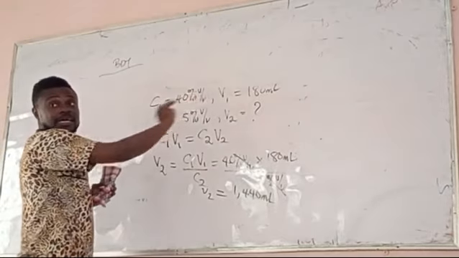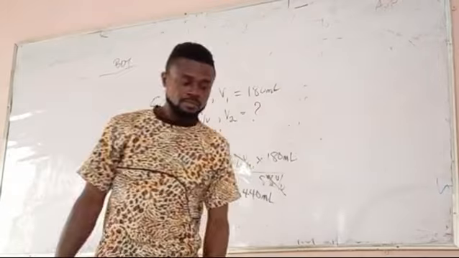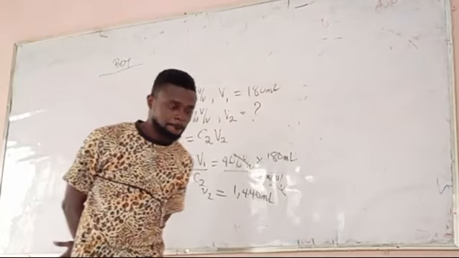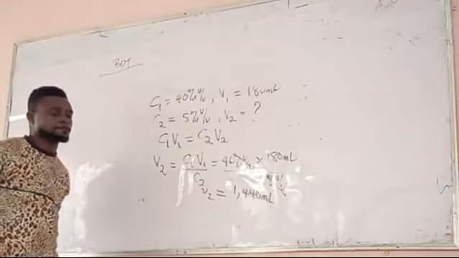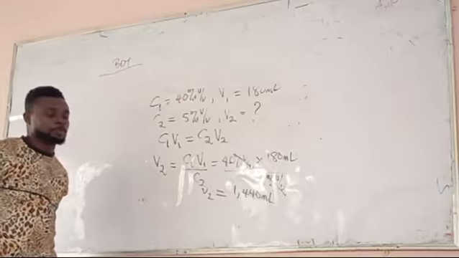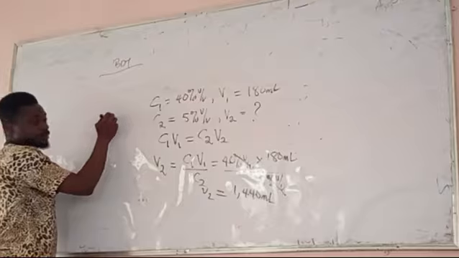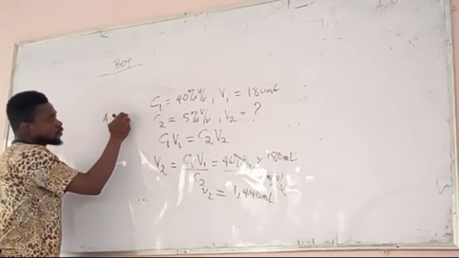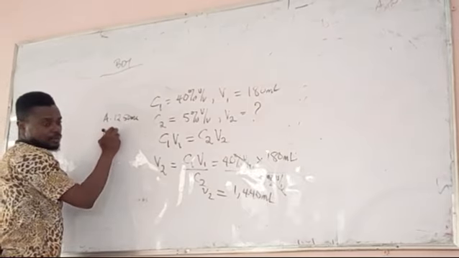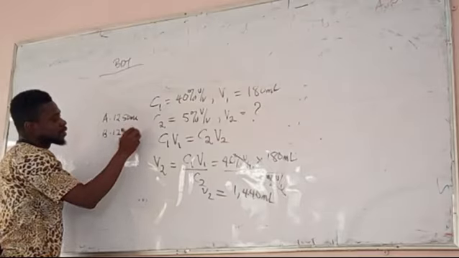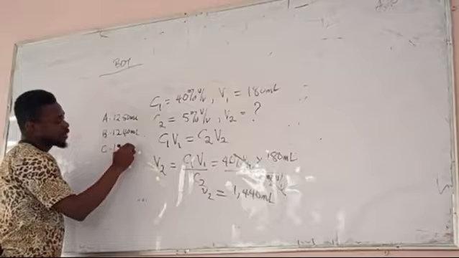Can I clean here? Please write. Option A says 1,250 ml. B says 1,240 ml. C says 1,260 ml.